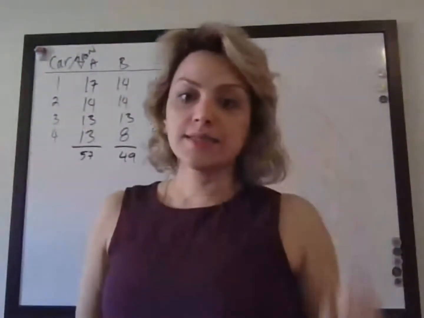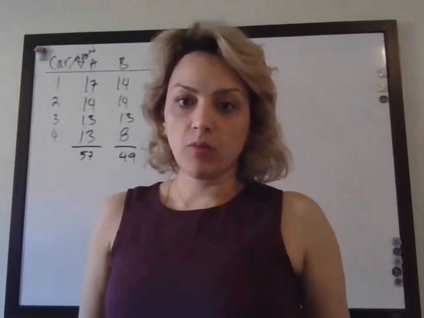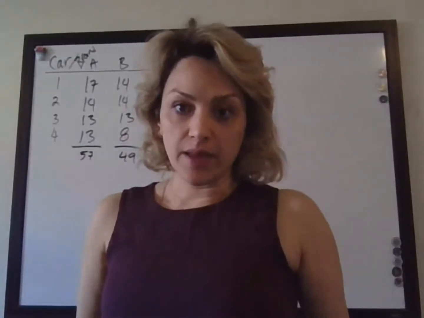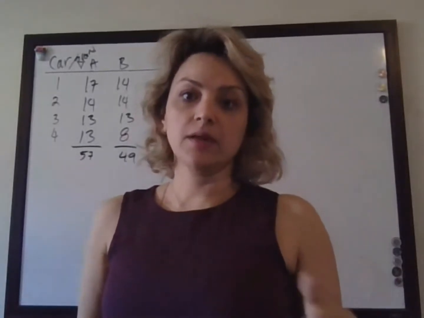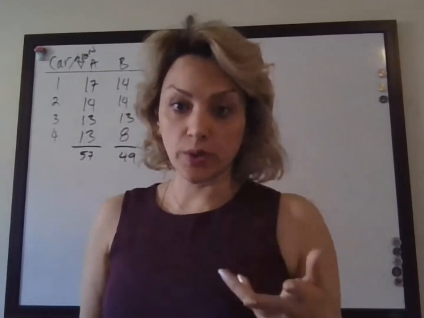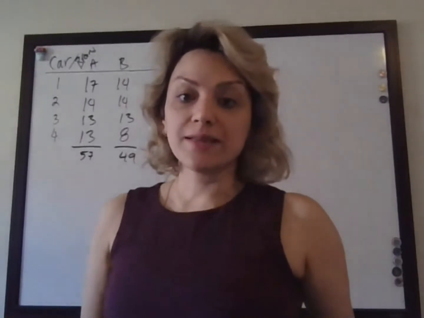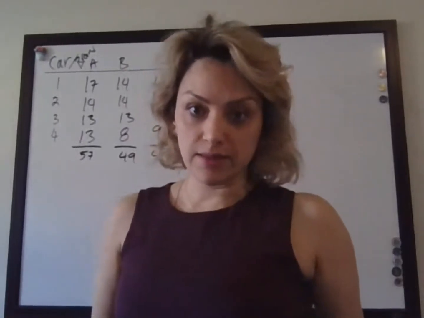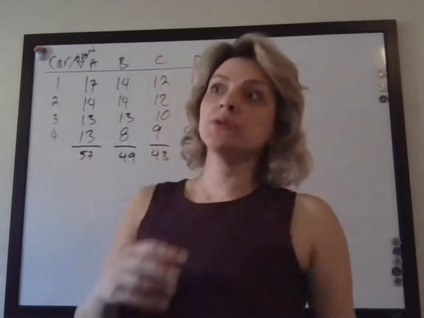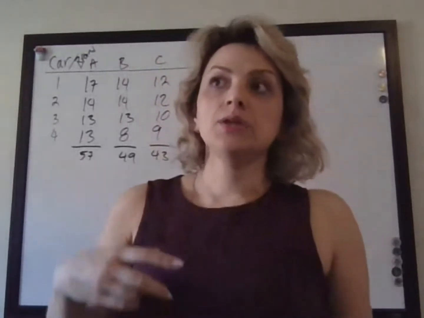Now, let's see what we are looking for. The next page is talking about the treatment sum of squares, block sum of squares, and the total corrected sum of squares. The reason that we need to find these sums of squares is that we want to make the ANOVA table.